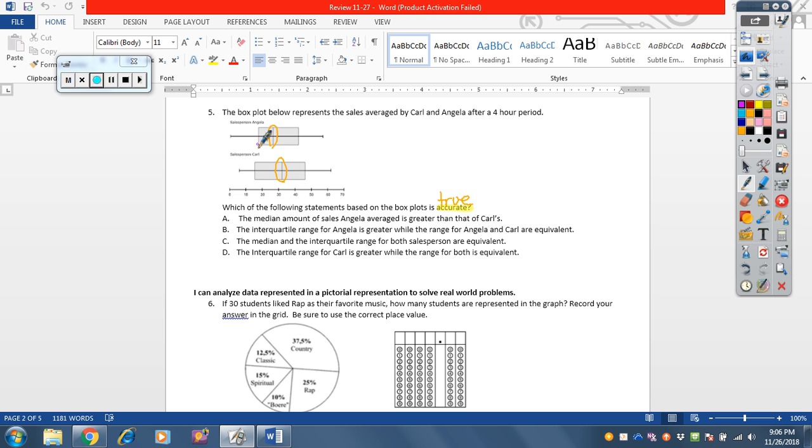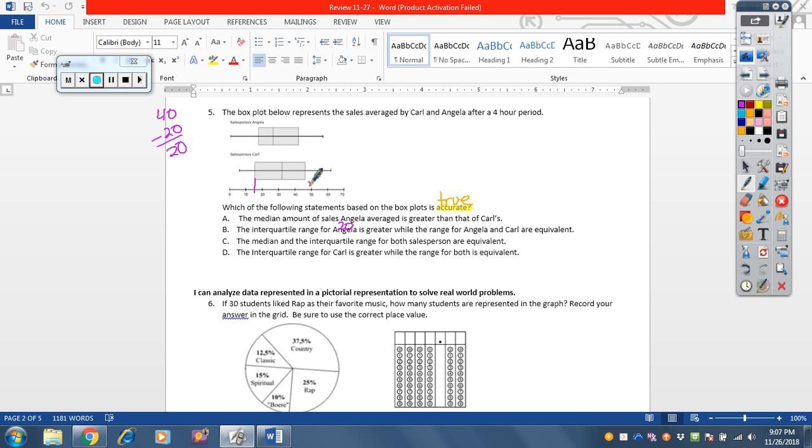So interquartile range for Angela, I don't know if that's, is it 40? 42? I'm going to call it 40. And 20. So the interquartile range for Angela is 20. And it says it's greater than, so is that true?